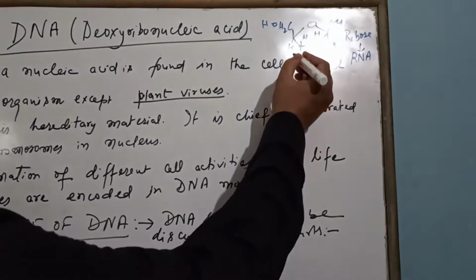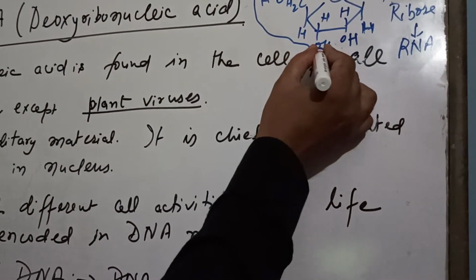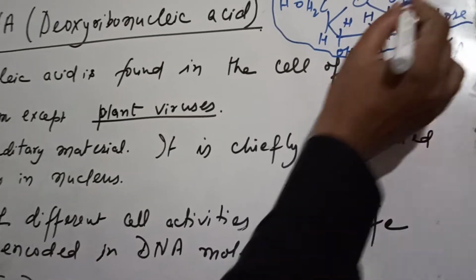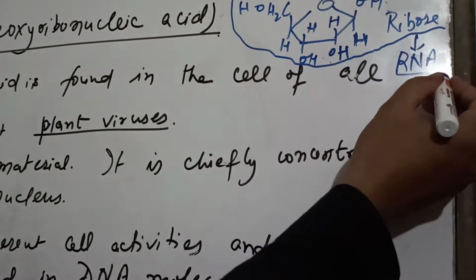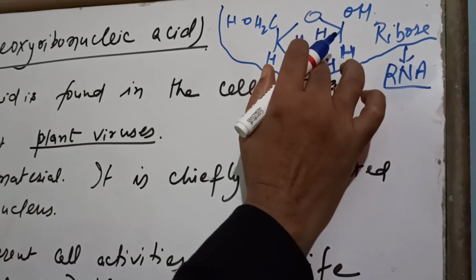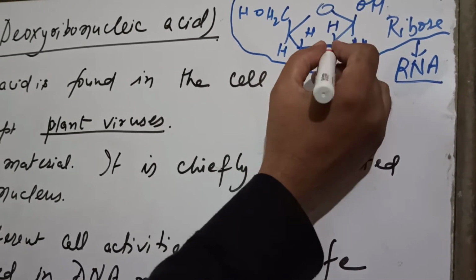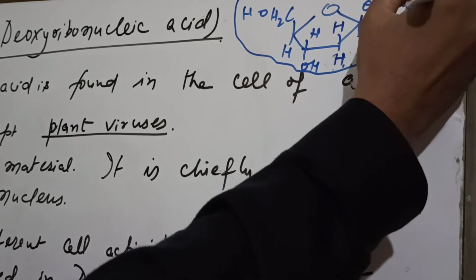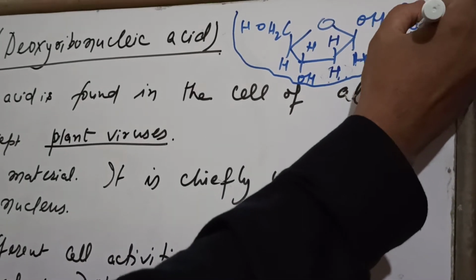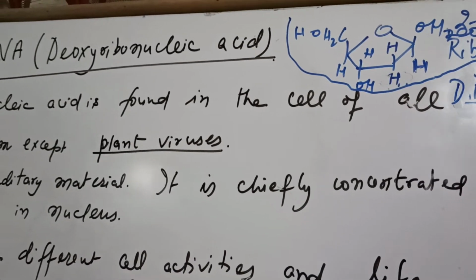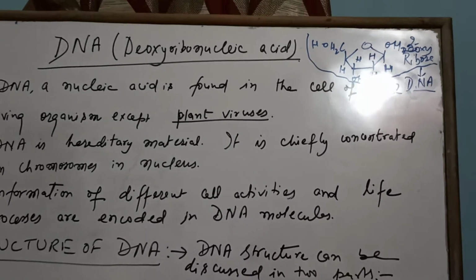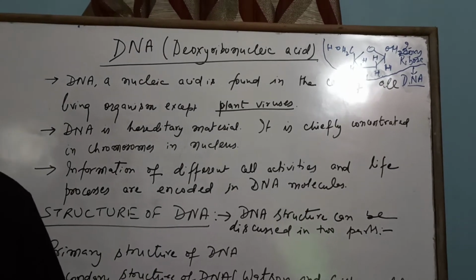As the name suggests, if you have this sugar moiety, that is ribose, the nucleic acid is RNA. Similarly, if you have this sugar unit, that is 2-deoxyribose, the nucleic acid is DNA, that is deoxyribonucleic acid, what we are discussing today.